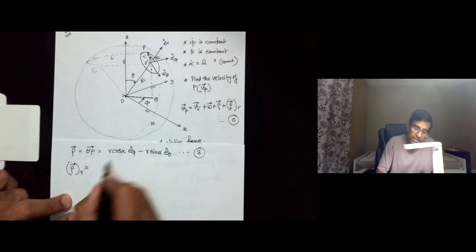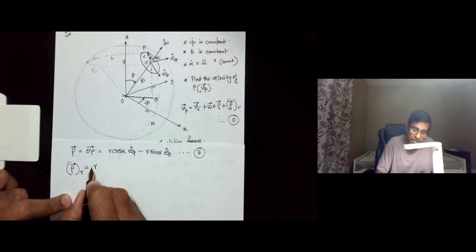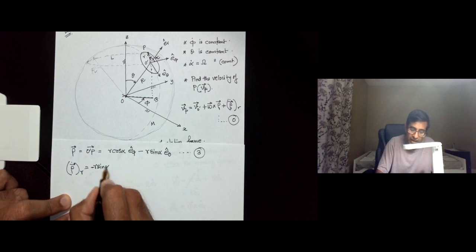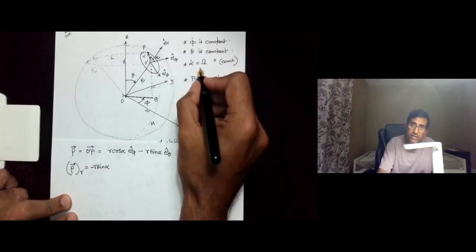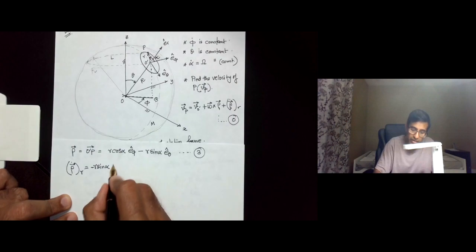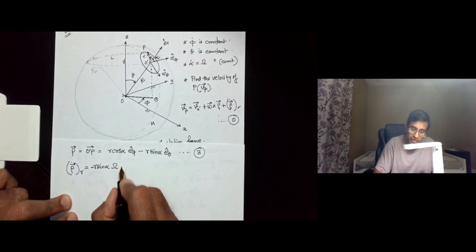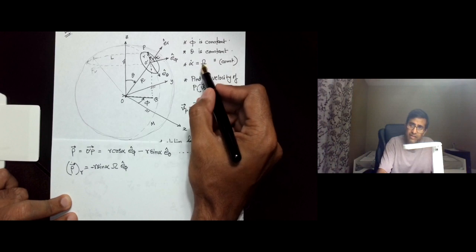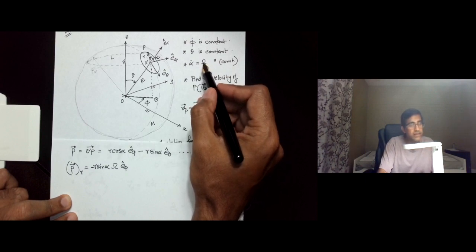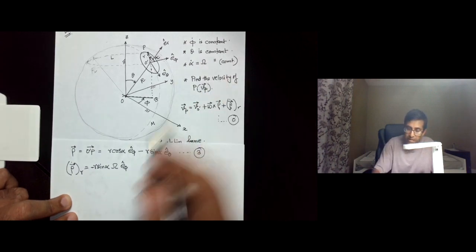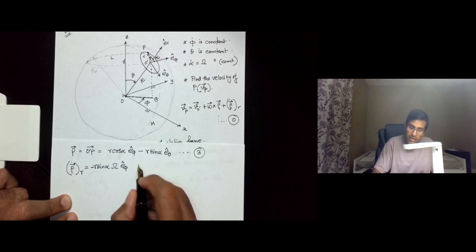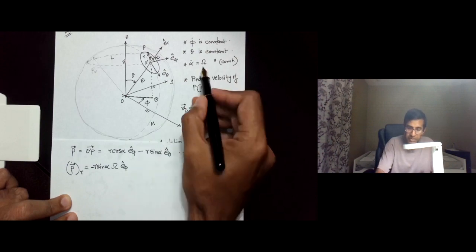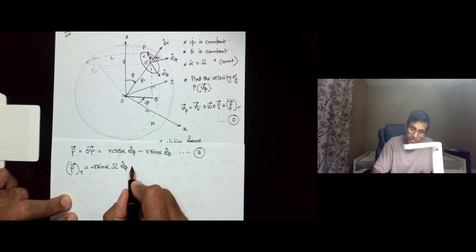If you did that, then what you would get is negative r sine alpha, and alpha dot, keep in mind, is this capital omega. So negative r sine alpha omega E phi. This is capital omega in the Greek letters. I'll just refer to this as omega as we solve this problem.